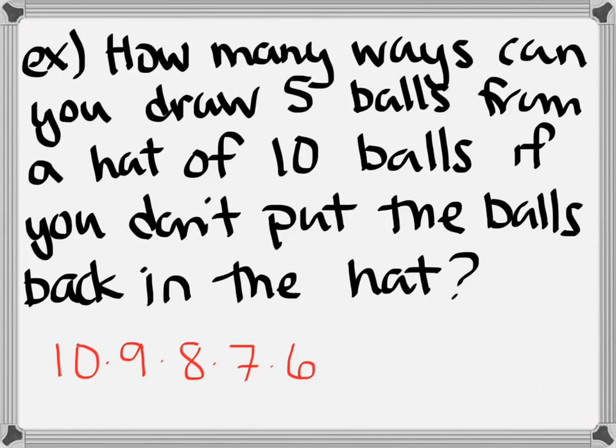If I don't put that ball back into the hat, I now have 9 balls to choose from for my second draw. Then I have 8 ways for my third draw, because there are now 8 balls in the hat. And then I have 7 ways for the next one, and then lastly 6 ways for the last draw.